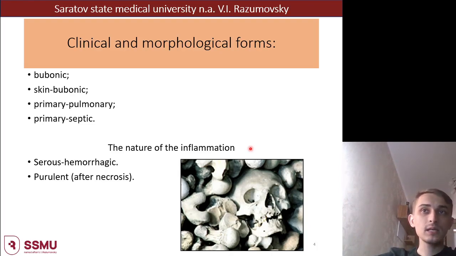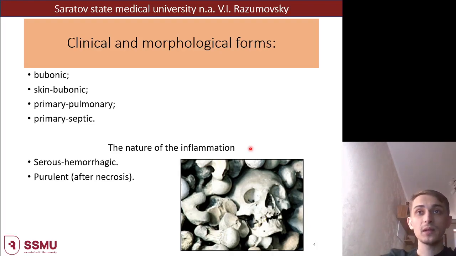And we can see the primary pulmonary type of plague, which is associated with the aerogenic way of spreading of the infection, and it is really dangerous from an epidemiological point of view, because it leads to a really difficult pneumonia and really fast spreading of plague in the population, and in 100% of cases it will lead to death of the patient in the first day or some hours probably.